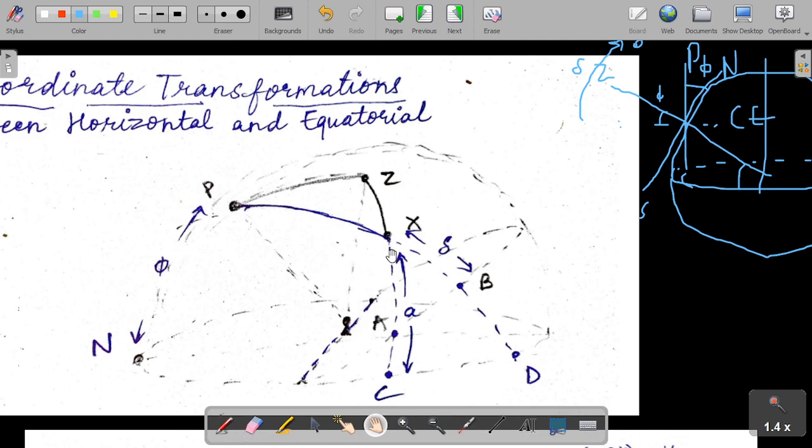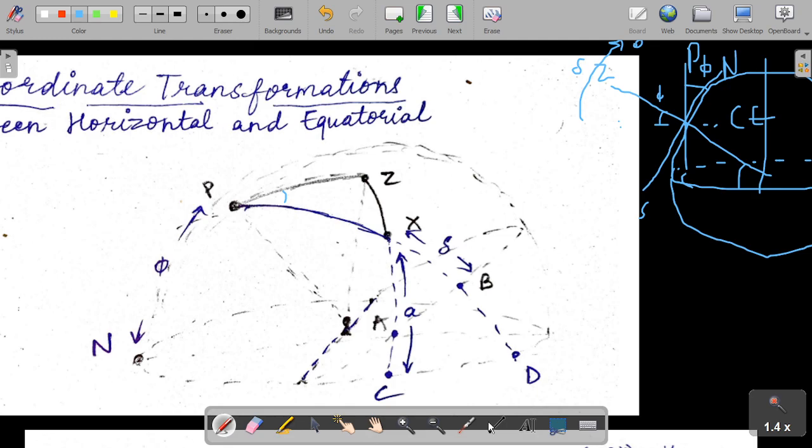So suppose you have a star X, whose declination is delta and whose altitude is A, and this is the latitude as I described it. This angle is the hour angle of the star.